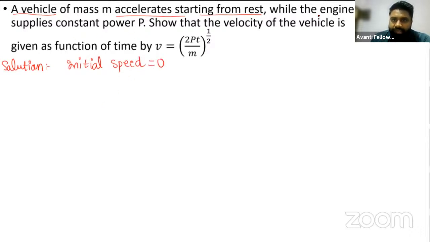The engine of the vehicle is supplying a constant power P, which is given by the formula we have learned, F dot V, because here v is being asked. Now we have to establish the relation between velocity and power. So you can say that this power P is equal to F V.